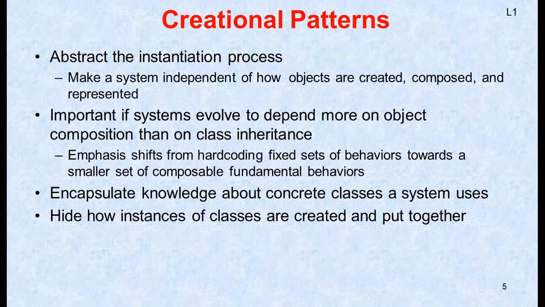The creational patterns are so important because as the system evolves to depend more on object composition than on class inheritance, the emphasis shifts away from hard coding a fixed set of behavior towards defining a small set of fundamental behaviors that can be composed into any number of more complex ones.